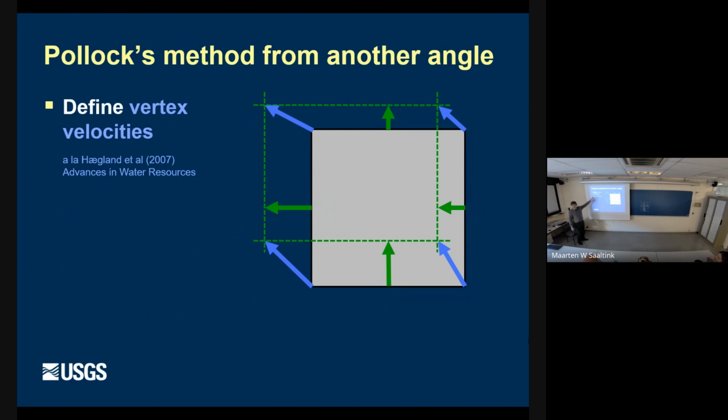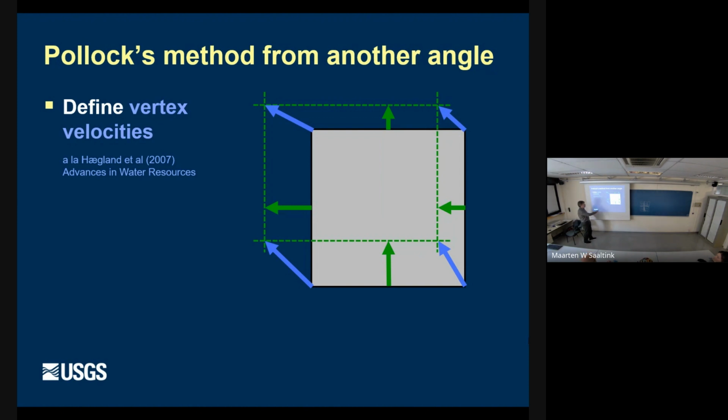The idea of vertex velocities and interpolating within a cell for particle tracking was, for example, introduced by Hageland in 2007, and it's been incorporated into other work. So we're using it in this context here as well. And so green is what we're given, the green arrows, and the blue arrows is what we're trying to determine in such a way that they are consistent with the green arrows.